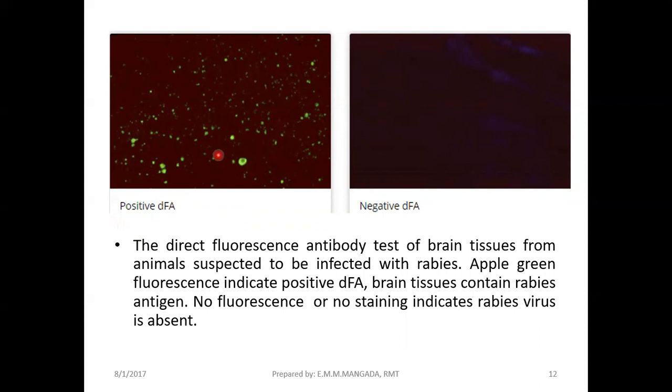Why? Because the rabies antigen is present in this tissue. We are actually finding the labeled antibodies. The label of the antibodies here is fluorescein isothiocyanate, so it gives an apple green fluorescence. So positive. Here, we are negative.